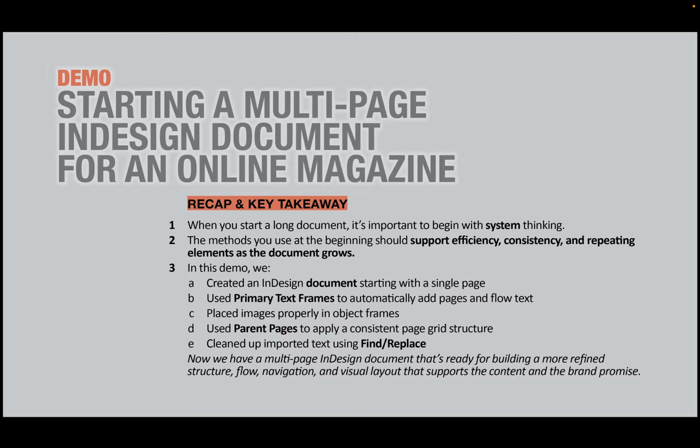We placed images properly in object frames. We used parent pages to apply a consistent page grid structure. We cleaned up imported text using the Find and Replace feature. Now we have a multi-page InDesign document that's ready for building a more refined structure, flow, navigation, and visual layout that support the content and the brand promise.